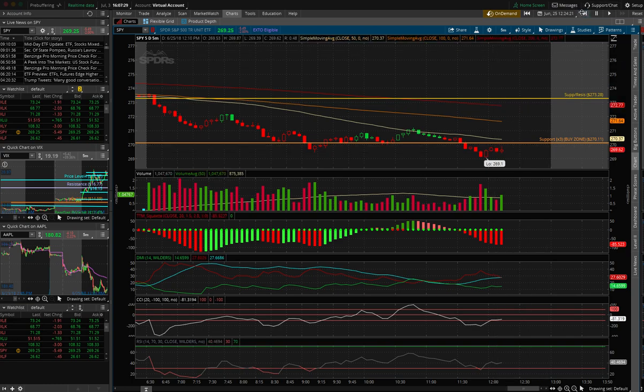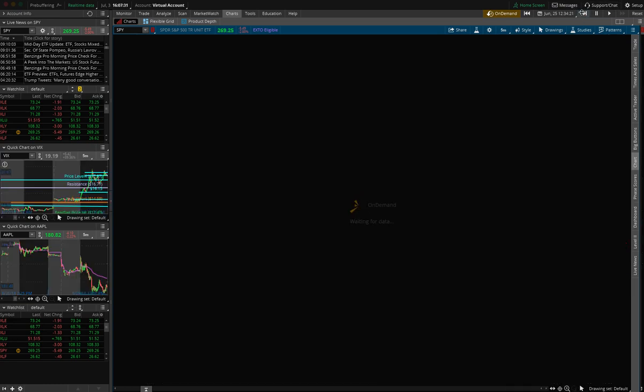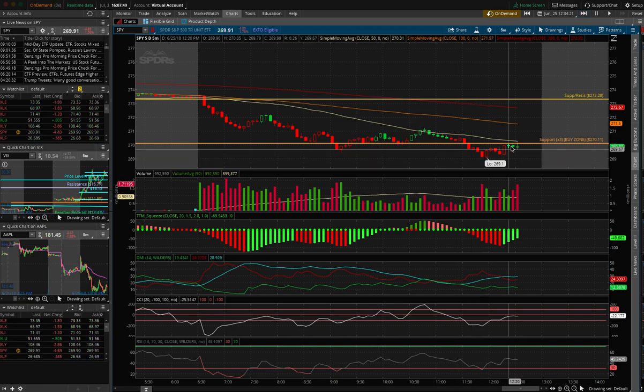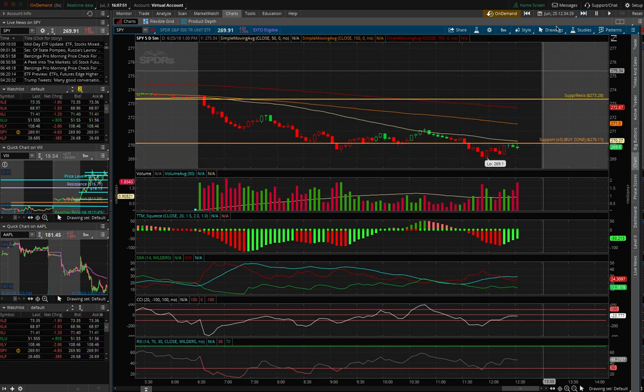Still below it. Now it's acting as resistance. But remember, it's not strong resistance, it's strong support, as in the past. So it might get rejected a little bit.